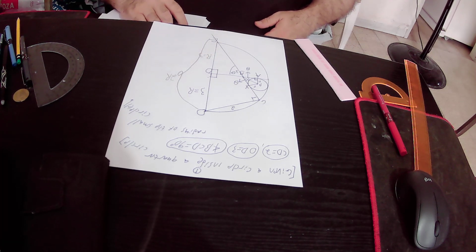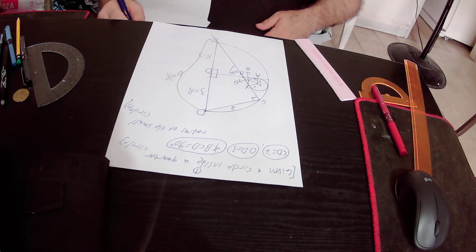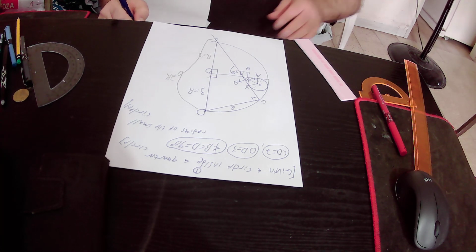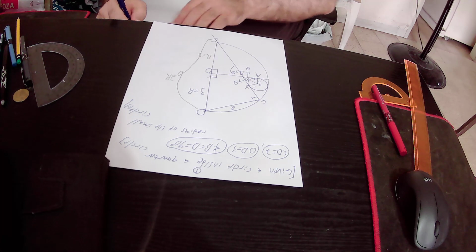Okay, so we will focus on the right triangle, triangle EOB. So in the right triangle EOB, we know that the sum of the angles is equal to 180 degrees.